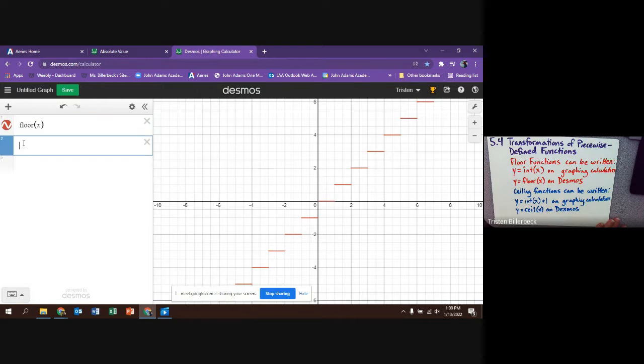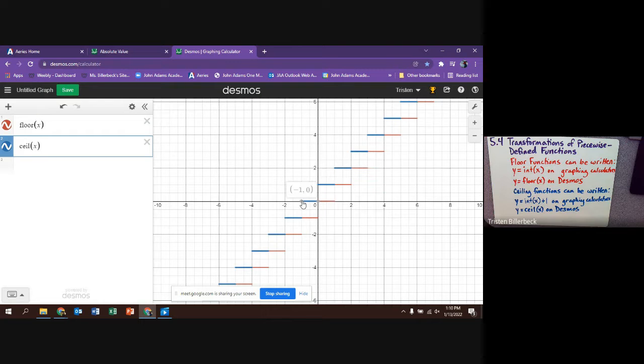Now before, we saw the ceiling function on the graphing calculator being right next to the other one. Fortunately on Desmos, it plots these in different colors so we can see it. So we just spell ceil, not ceiling, just ceil. And there we have it. The blue ceiling function is right next to the floor function.